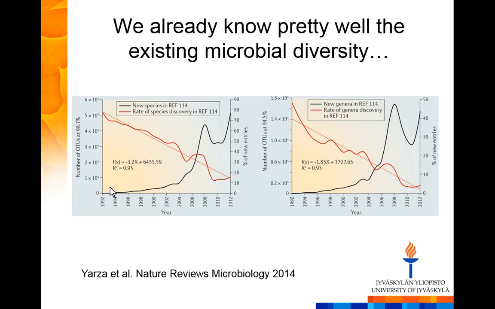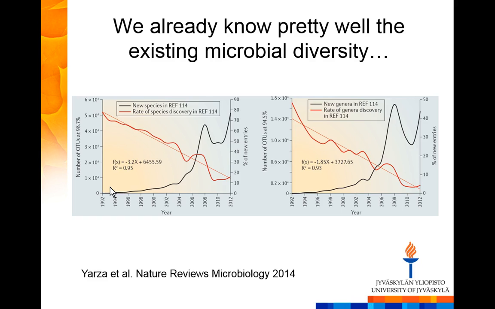So I would argue that, and a lot of people would argue that, it's the best reference database for 16S data. So if you look at the rate of species discovery, bacterial or prokaryotic species discovery, it's really going down. And this is by 2012.